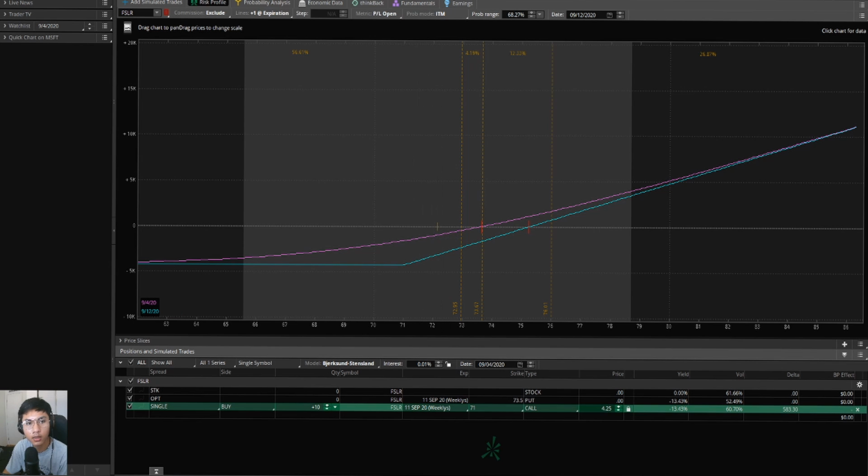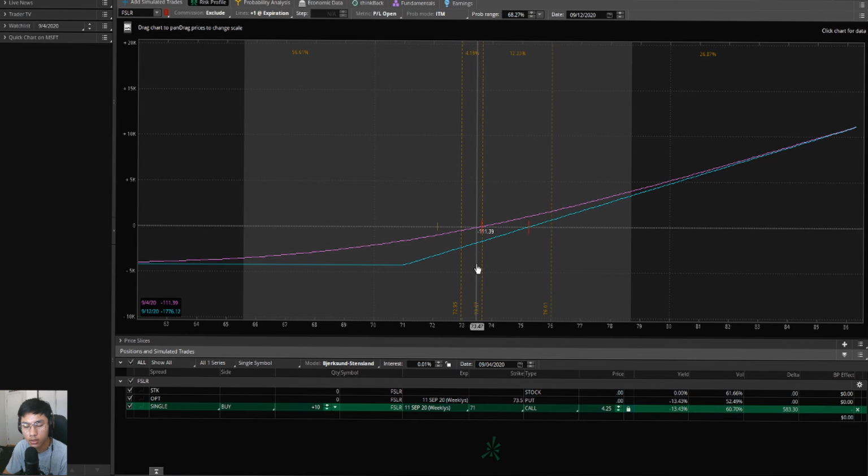Okay, so for tomorrow, if FSLR moves to 73.67, then this call contract, which expires next week on Friday at the 71 strike price, is going to cost me $4.25 per contract.